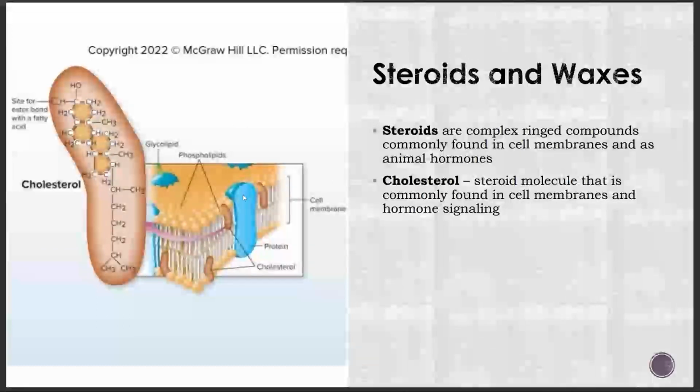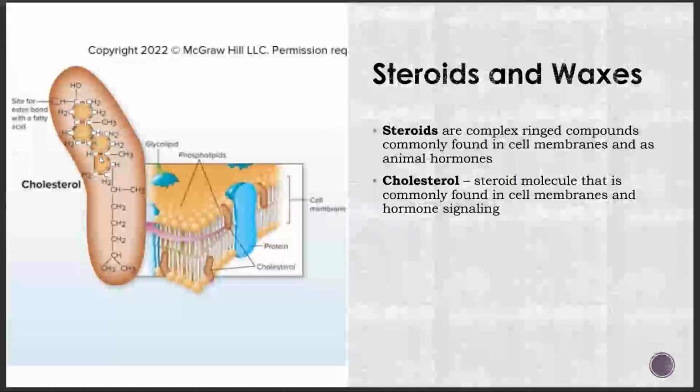You'll also notice if we zoom in a little further, we have our proteins inserted in the phospholipid bilayer. There are also these small brown molecules. And if we zoom in a little more, we can see that there are these ringed structures with a carbon tail known as cholesterol. Steroids are complex ring structures commonly found in cell membranes and in hormones.